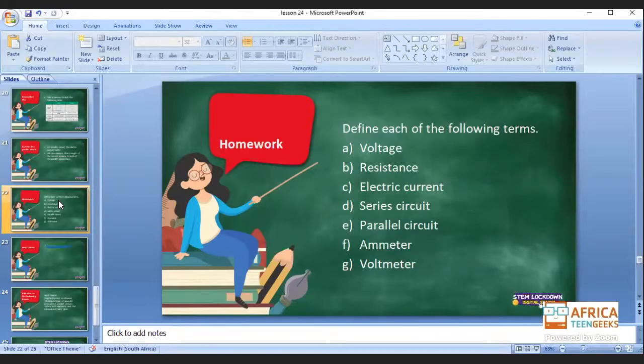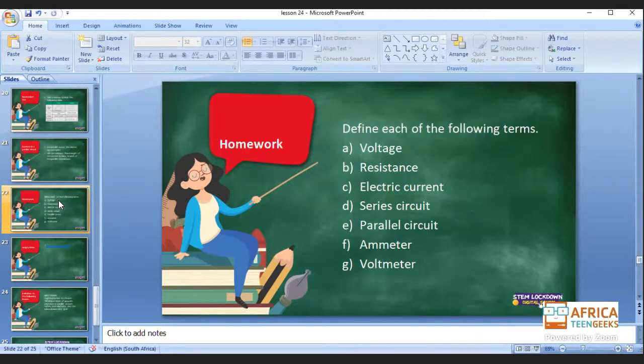That's your homework for today, grade 9s. You're defining them, and finally you will define ammeter and voltmeter.